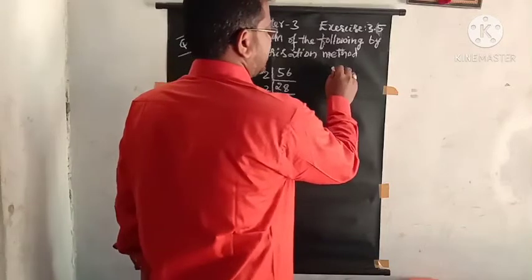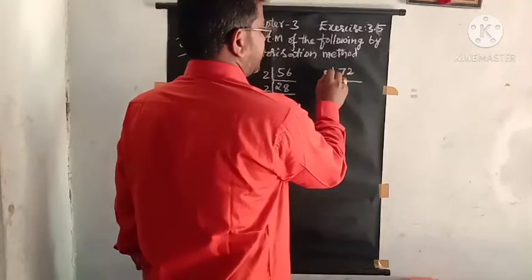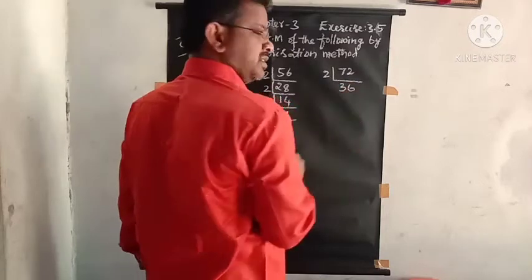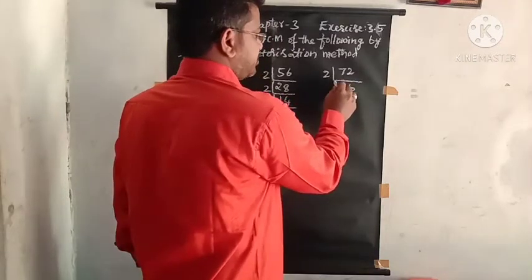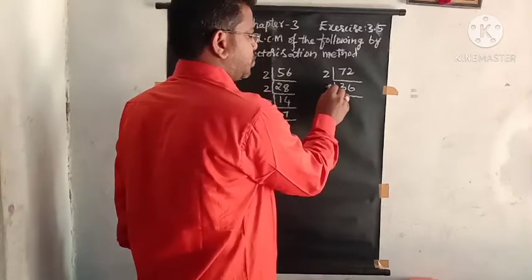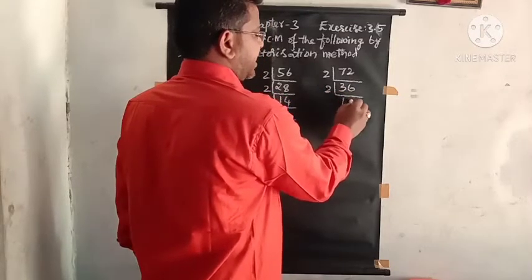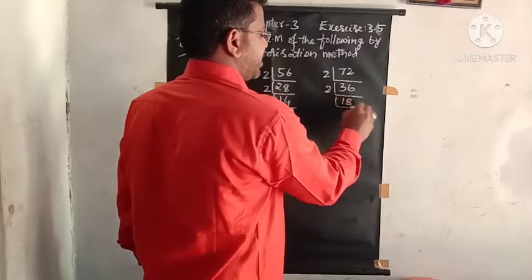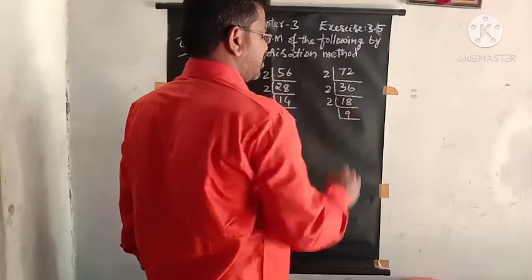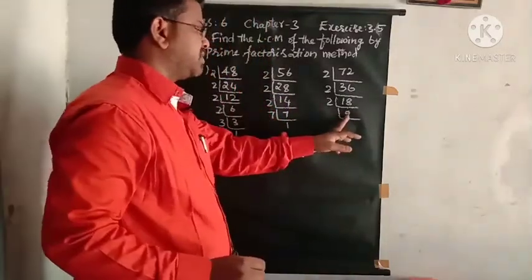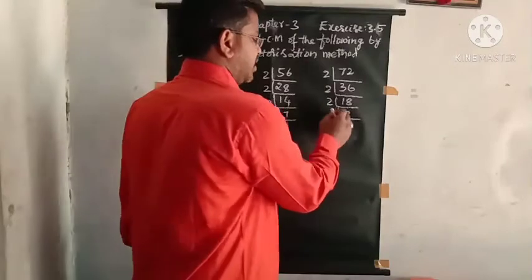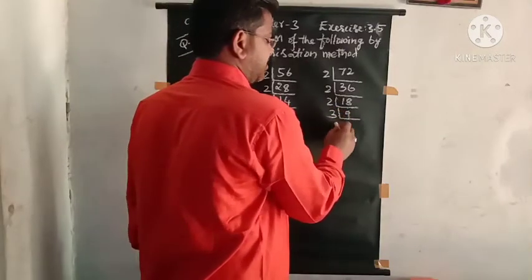After that, to write the prime factorization of 72: 2 how many times? 36. Again 36 is divided by the smallest factor 2, 18. Again 18 is divided by 2, there is no doubt, 9. Now 9 is not divisible by 2, so we take the next prime number, that is 3.